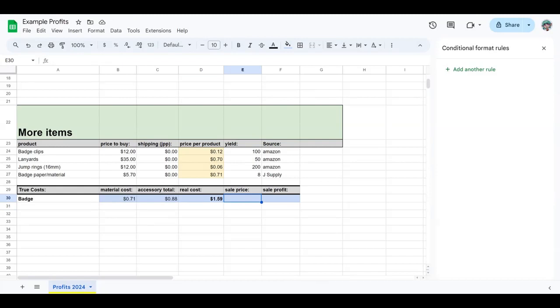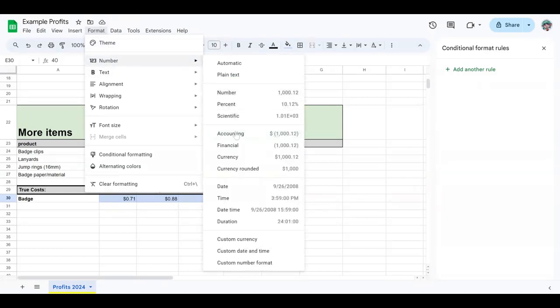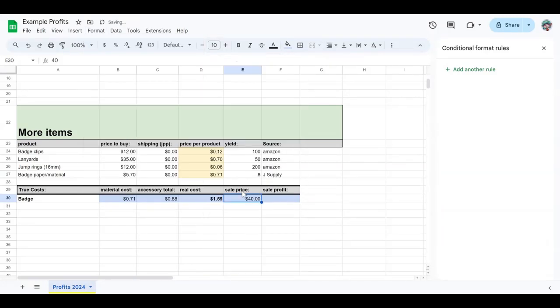I thought this was going to cost a lot more, so I was going to sell them for more, but I'm working with a different material, so my material cost is going to be way higher. So I'm going to just say, let's sell it for 40 again for some reason. And to get that to be a number, once again, I went to format, number, and currency to make it a nice, pretty dollar number.